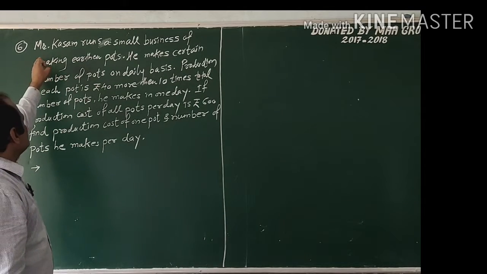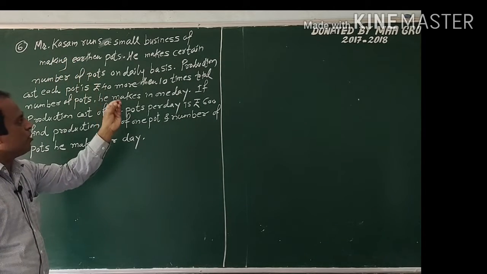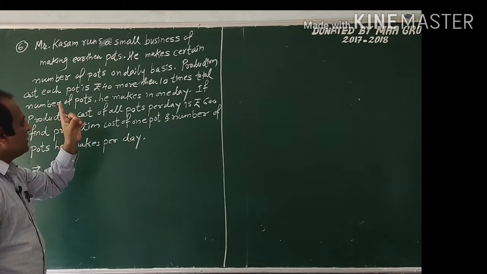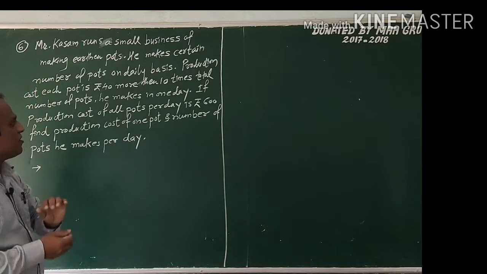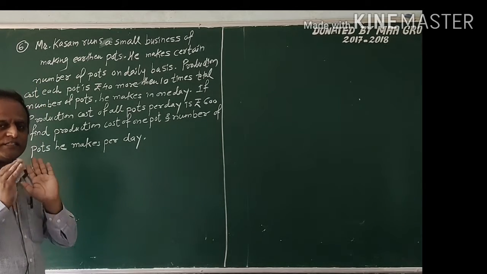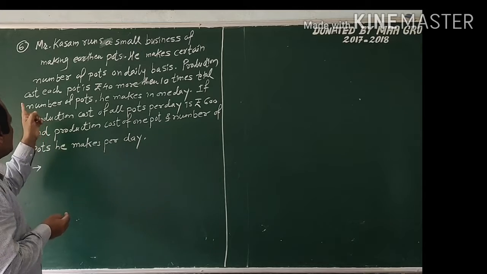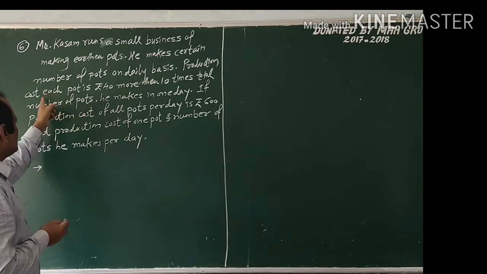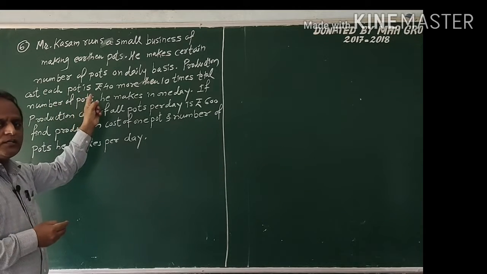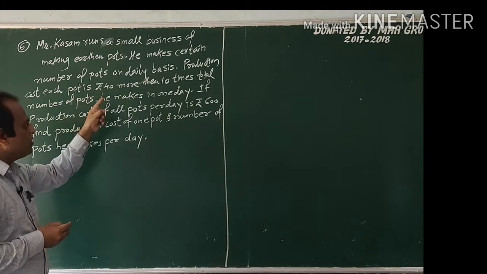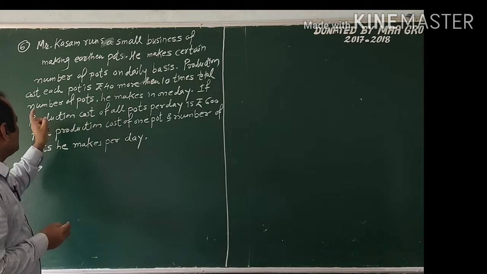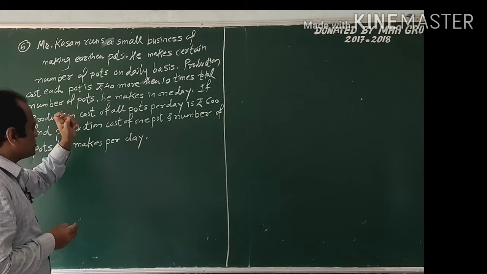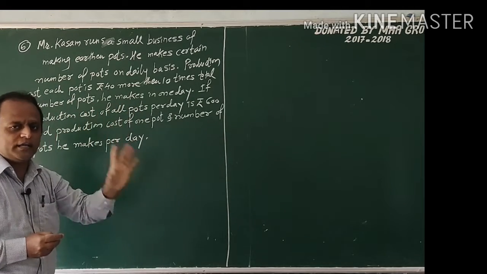Here Mr. Kasam runs a small business of making earthen pots. He makes a certain number of pots on a daily basis. Production cost of each pot, look very carefully, is 40 rupees more than 10 times the total number of pots he makes in one day.